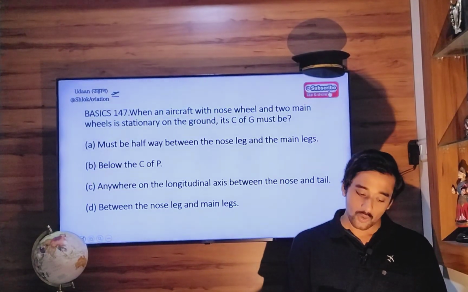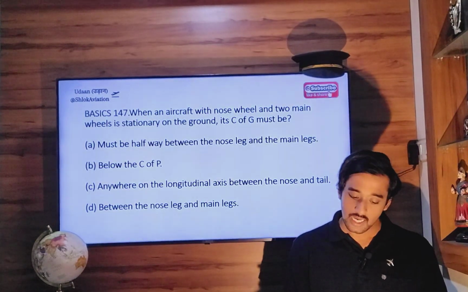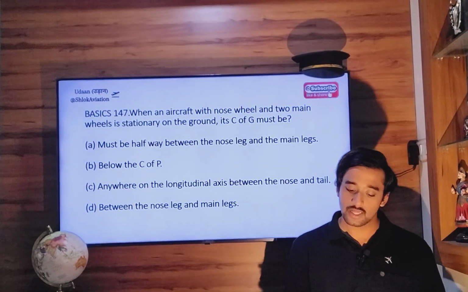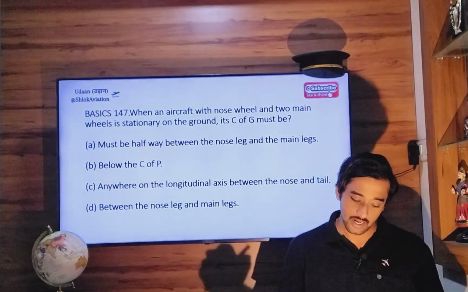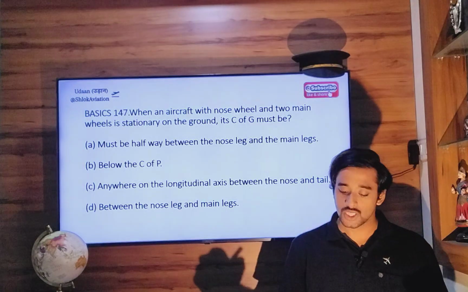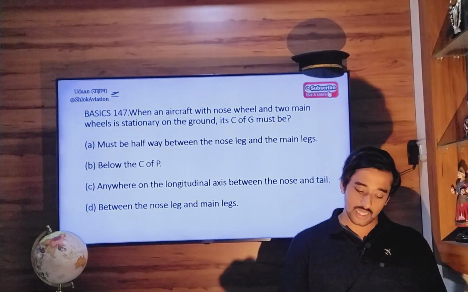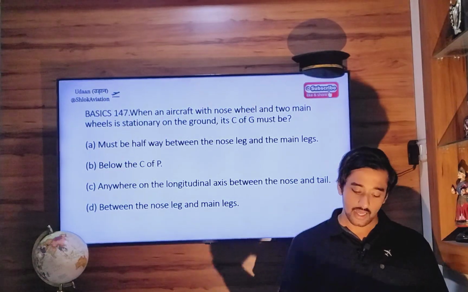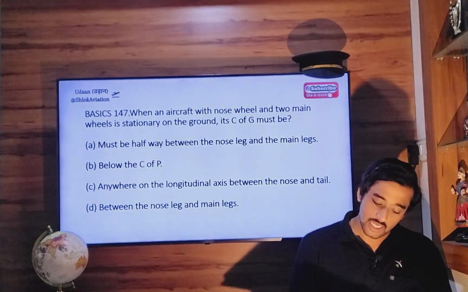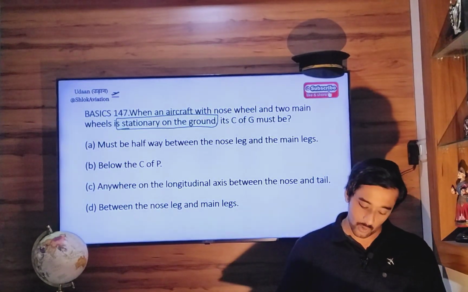Next. When an aircraft with a nose wheel and two main wheels is stationary on the ground, its center of gravity must be: halfway between the nose wheel and main landing gear, below the center of pressure, anywhere on the longitudinal axis between the nose and the tail, or between the nose leg and main wheels. Remember, your aircraft is stationary on the ground. This part of the question is very important.